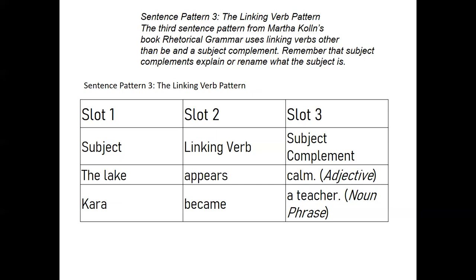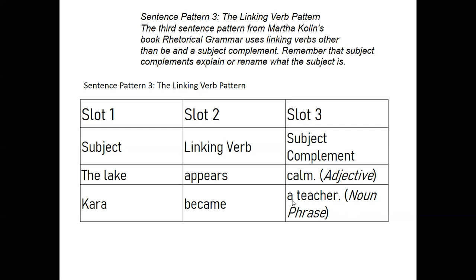For example, the lake appears calm. The lake is the subject, the linking verb is appears, and the subject complement is calm. Next, Kara became a teacher. Kara is the subject, the linking verb is became, and a teacher is a noun phrase because it starts with an article, a.